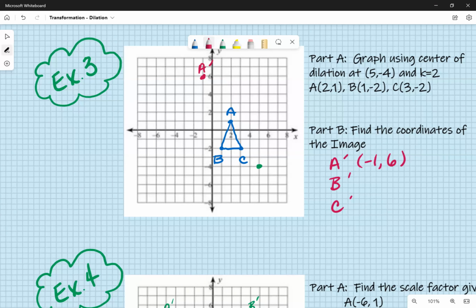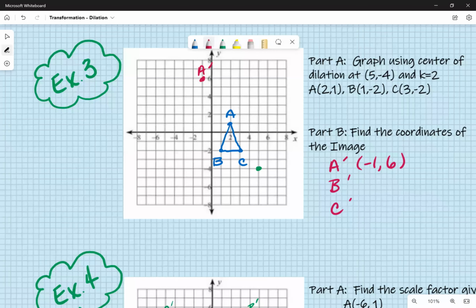And then I ask myself, what do I have to do to get to B? I have to go up 1, 2. Let's just keep up with that. I'm going up 2, and then to the left 1, 2, 3, 4. To the left 4. So this is one scale factor. I'm looking for 2, so I have to repeat that process.